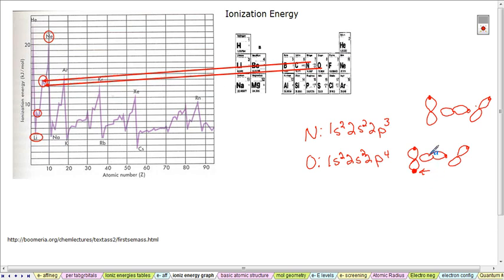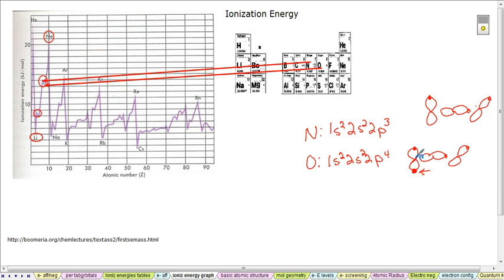Well, now we need to start looking at the number of electrons we're dealing with. In the case of nitrogen, we had one electron spread out across 3 orbitals, each orbital in a different plane. Now in the case of oxygen, we have an electron that's paired up. We now have 4 electrons. One of these orbitals is full.